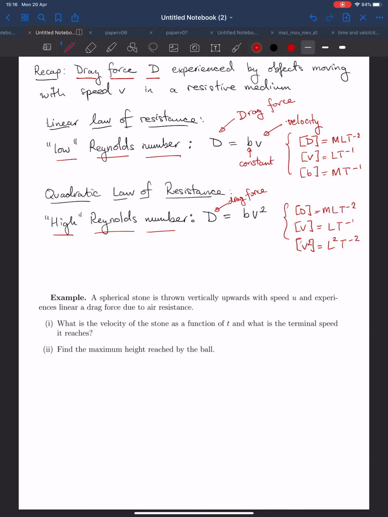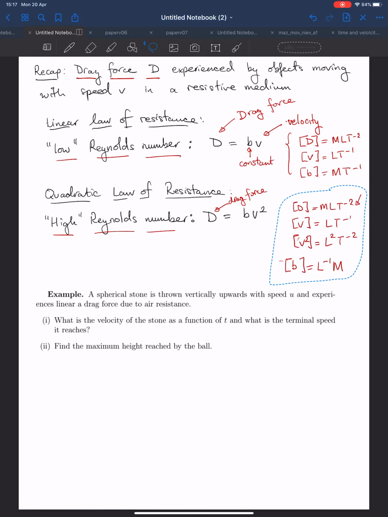So in order to recapture the dimensions of force here, we should multiply V squared by some constant, which has the units L minus 1 times M. If you're wondering how I worked this out, just take a look back at the notes that we did in dimensional analysis.